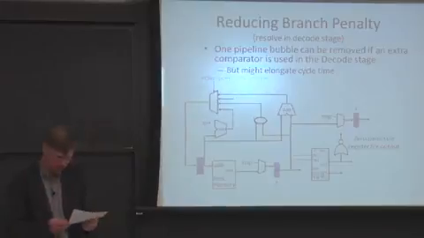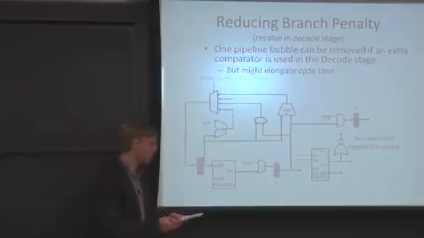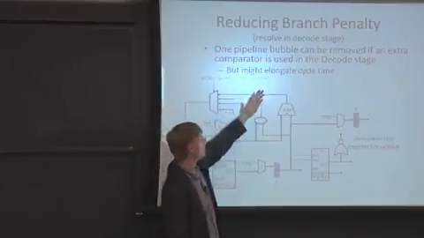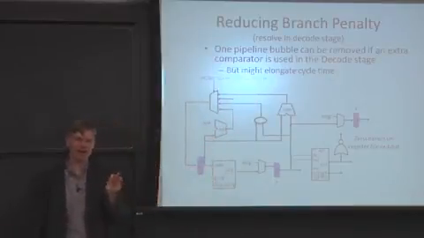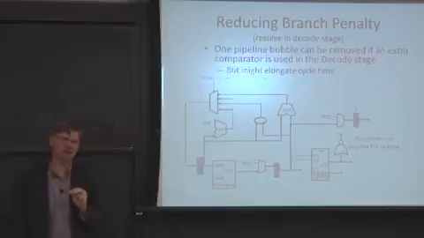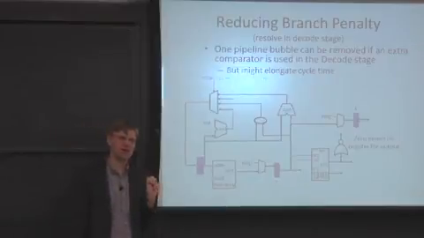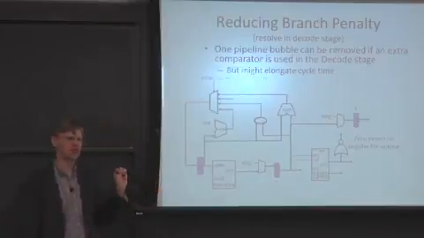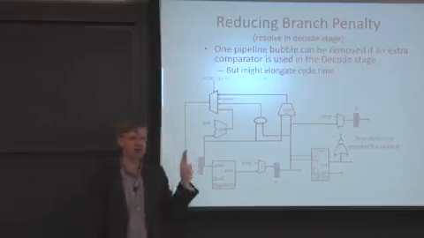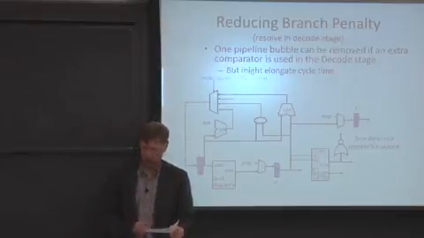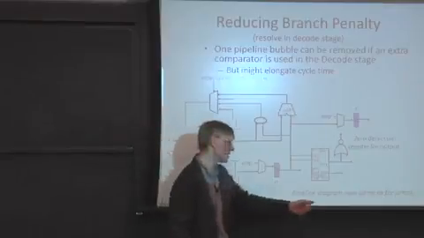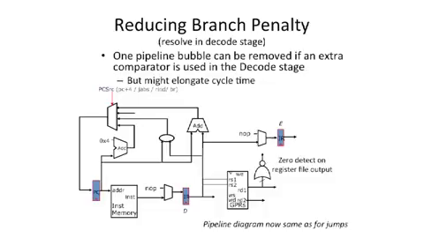So the nice thing about this is that it'll take all your branches and take them from a CPI of 3 when you misspeculate to 2 cycles, with the same timeline that you had with a jump. So you end up with the exact same pipeline that we had for jumps now.